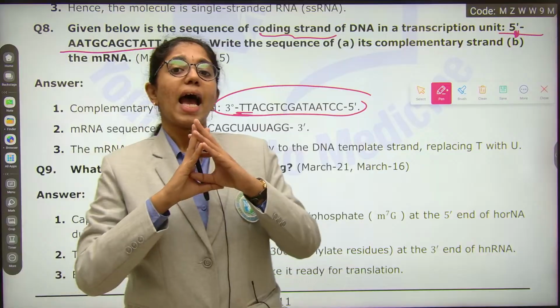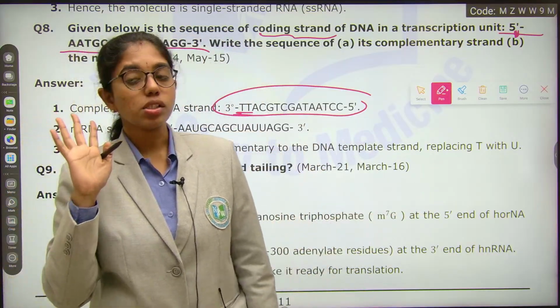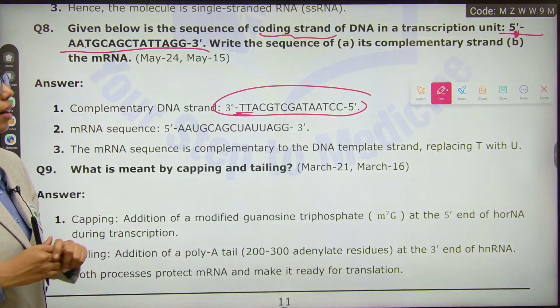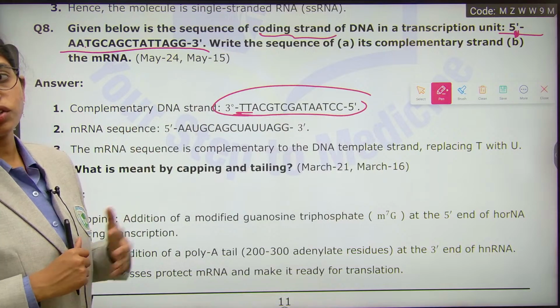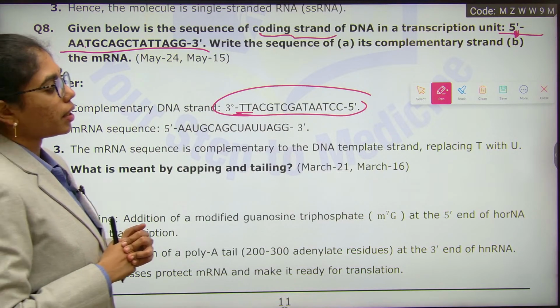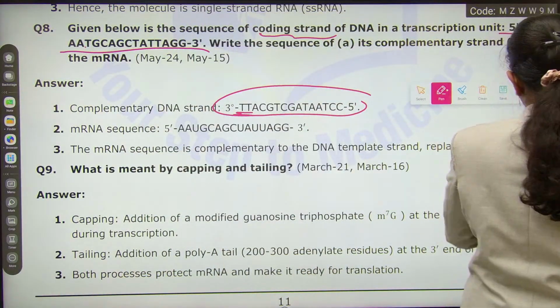All the nitrogen bases stay as they are. Only one change: in the place of thymine you use uracil. That is the only change we make.